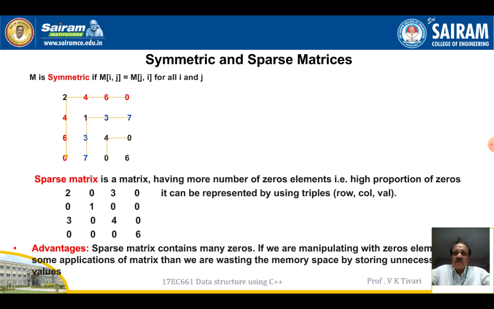Advantage: a sparse matrix contains many zeros. If we are manipulating the 0 elements in some applications of the matrix, then we are wasting memory space by storing unnecessary data.